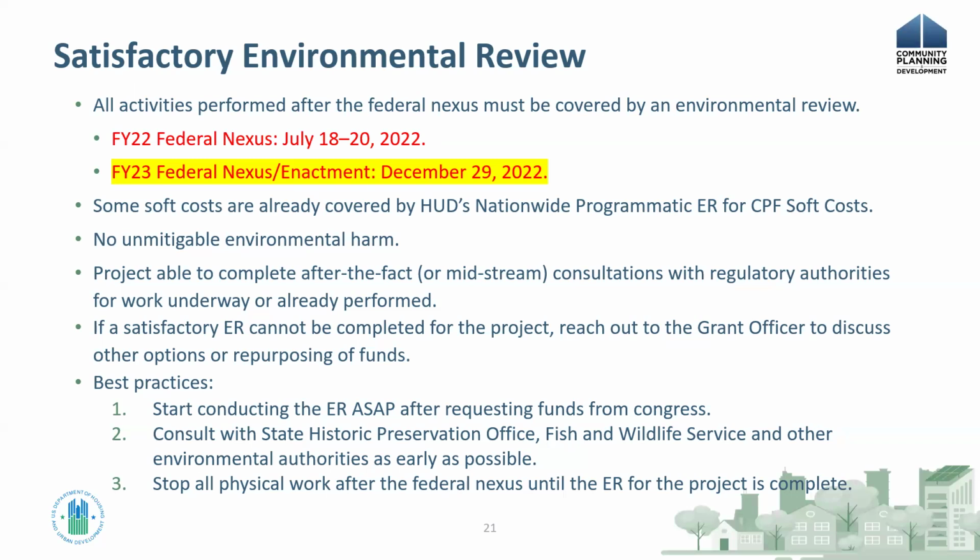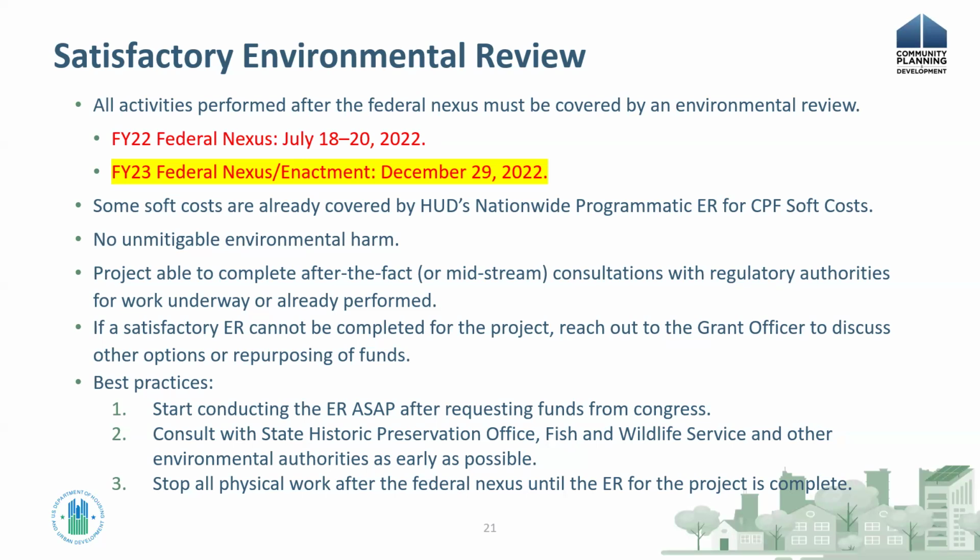And a satisfactory environmental review must show that the project will not result in any unmitigatable environmental harm, and must also show that the project was able to complete all necessary consultations with environmental review authorities for any work already performed.